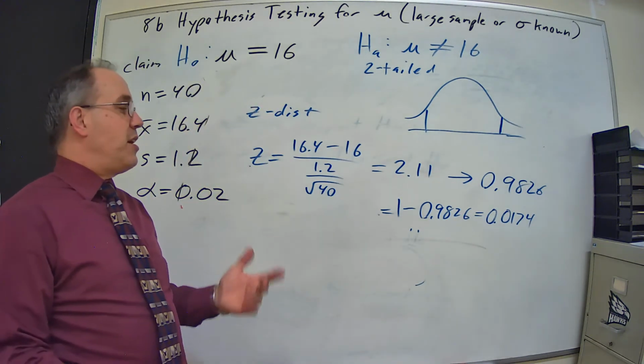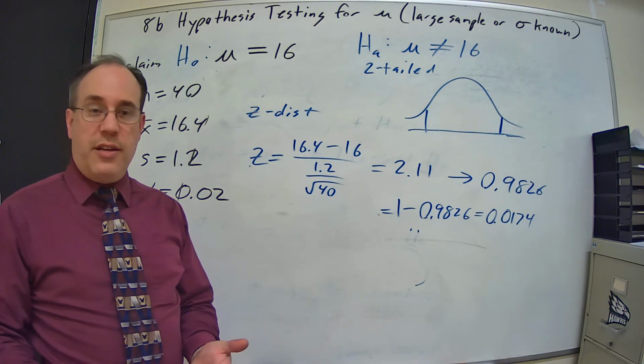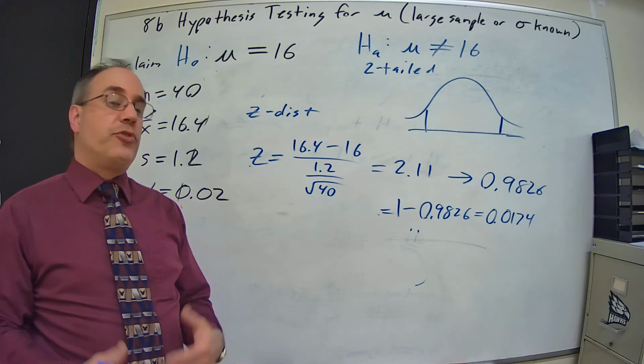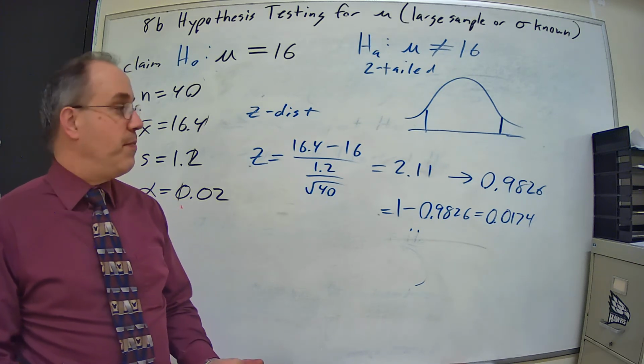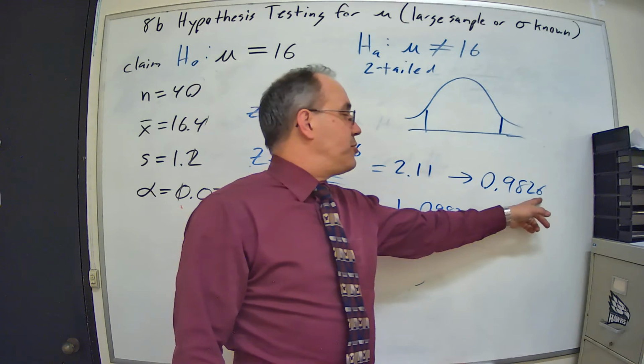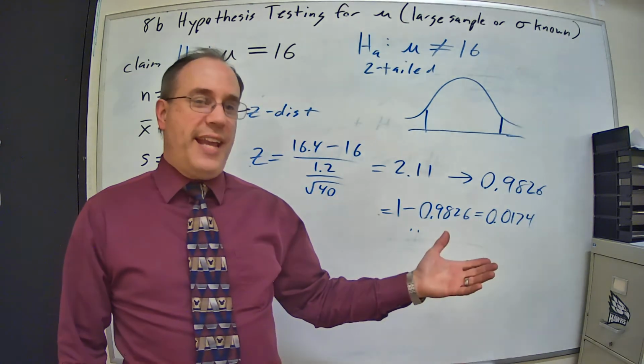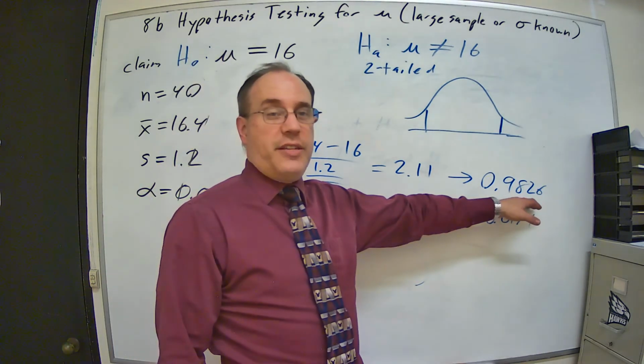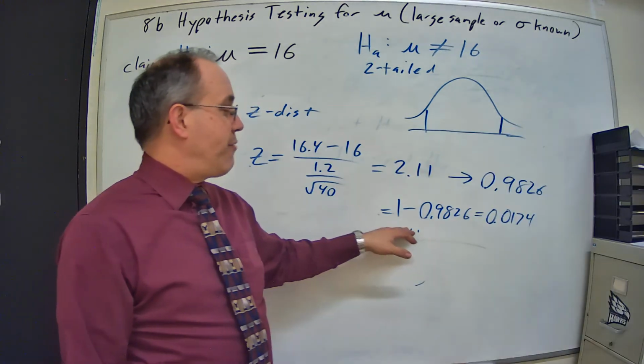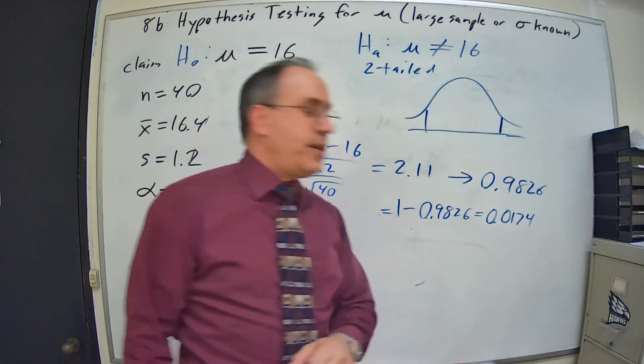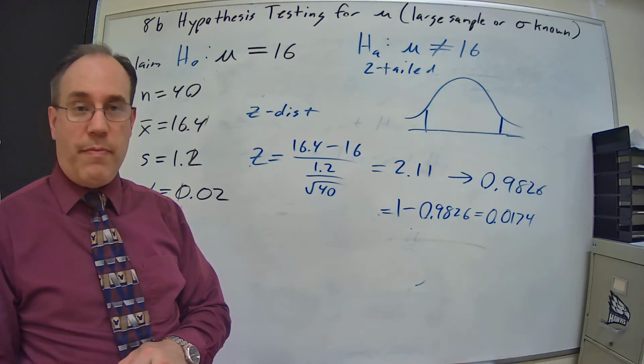Now, because it's a two-tailed test, the p-value is going to be equal to 2 times the area in the tail. Well, 0.9826 is greater than 0.5. It's more than half of it, so that's not the area in the tail. We have to subtract that from 1 to get an area in the tail of 0.0174.